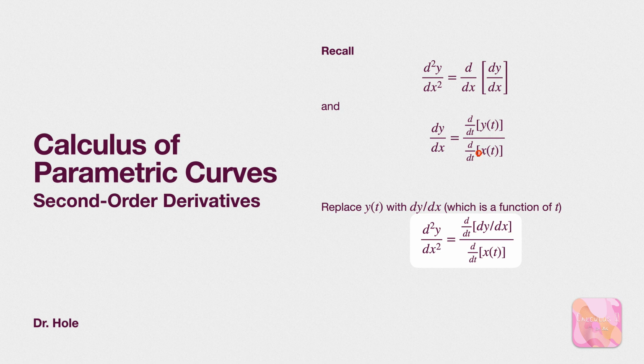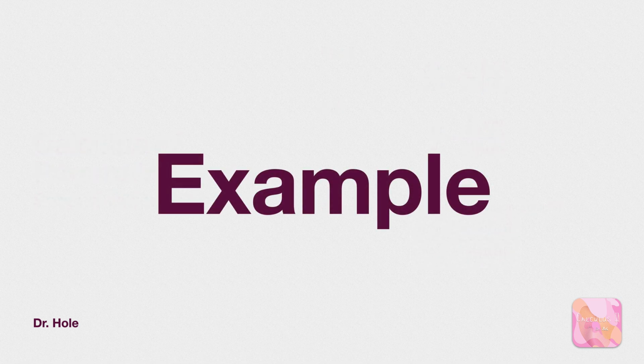So d/dt gets swapped out for the y, dy/dx, and the bottom remains the same. It's a little bit of shuffling about, but it's a simple, straight substitution.